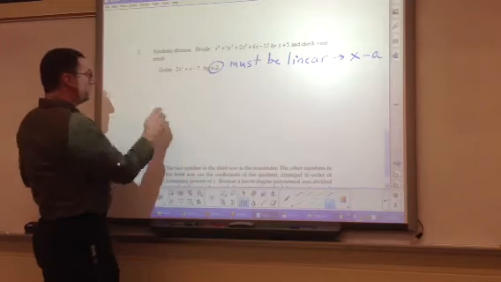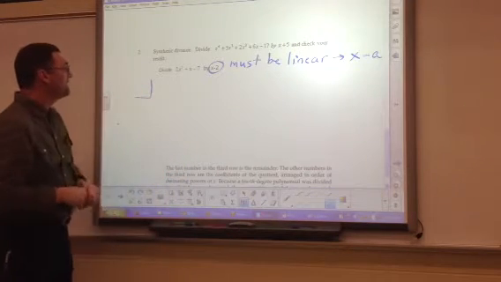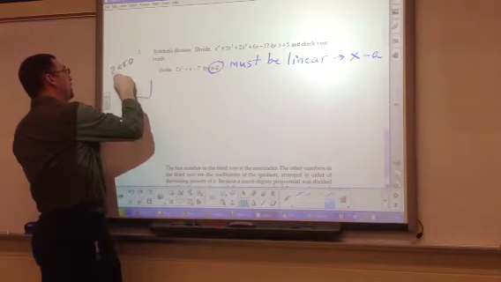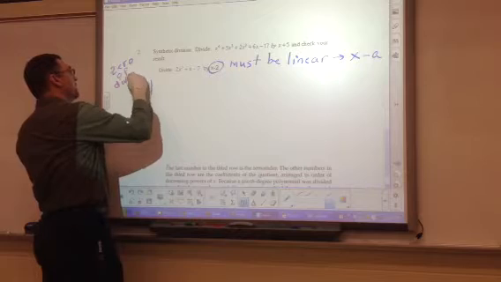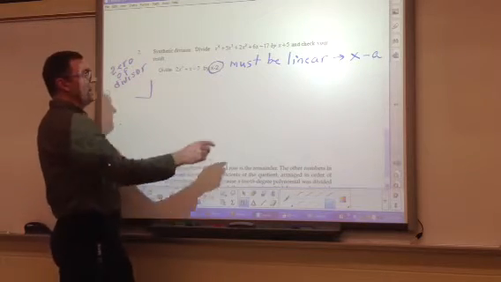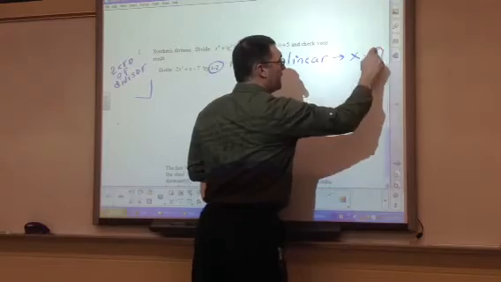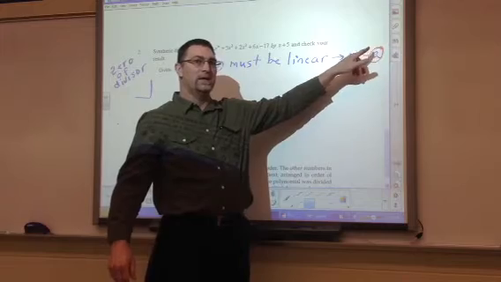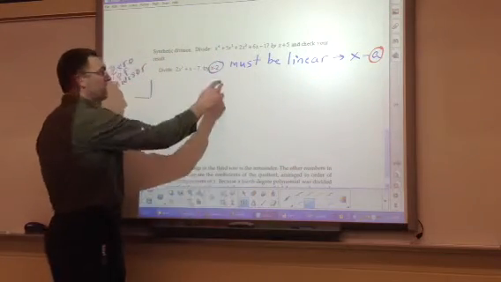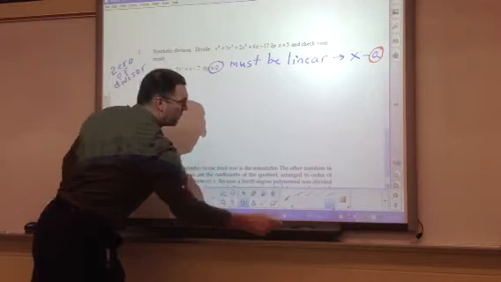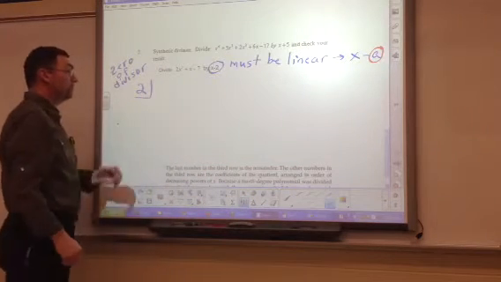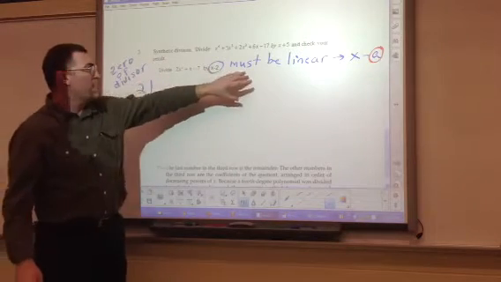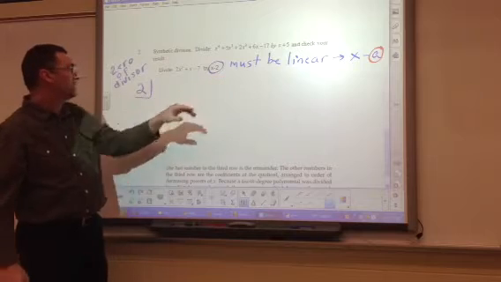So we're going to put a little box here. The number that goes in that box is the 0 of the divisor. In other words, it's going to be the value of a. What makes that equal to 0? It's always going to be the value of a that makes it equal to 0. So in this case, I'm dividing by x minus 2, so my number that goes here is going to be 2. Then I'm going to put numbers here, and those numbers are going to be the coefficients.